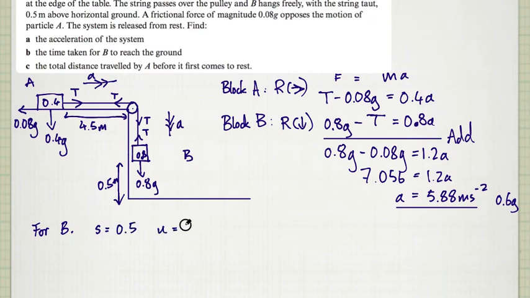Its initial speed is 0. Final velocity we don't know, and we don't want to know. Acceleration is 5.88 meters per second squared, or 0.6 g. And time taken is what we're trying to find out. So we've got s, u, a, and t. We're going to need s equals ut plus half at squared.